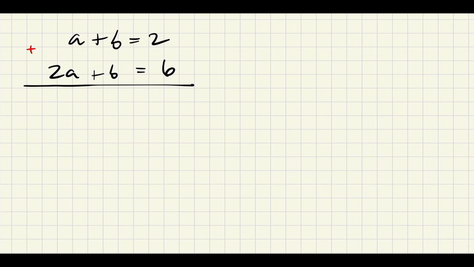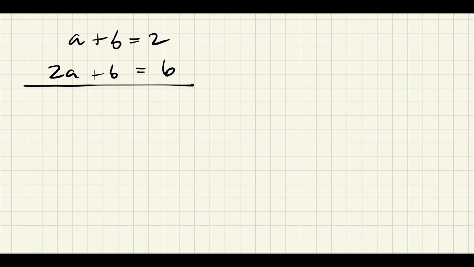So what I want is to be able to add straight down and have one of them go away. So I'm going to have to manipulate them a little bit, change them a little bit. The B's would cancel out if one of them was a negative, right? So I'm going to multiply the top equation by -1.